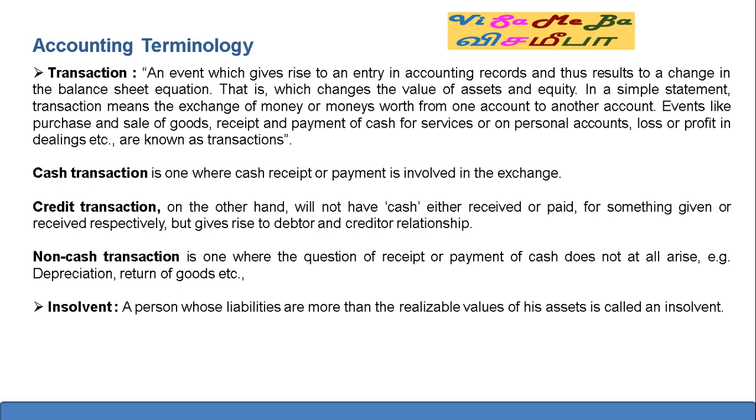Transactions are of 3 types: cash transaction, credit transaction, and non-cash transactions. Cash transaction is one where cash receipt or payment is involved in the exchange.